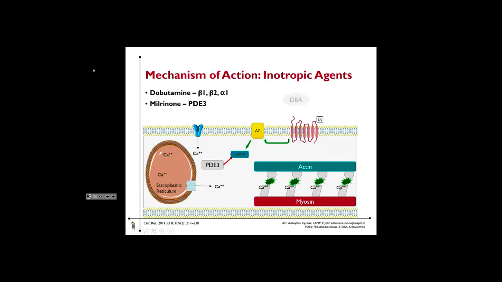For contractility, dobutamine primarily binds to the beta-1 receptor and mimics this normal pathway. Milrinone, however, is a different pathway. It inhibits phosphodiesterase 3, which prevents the breakdown of cyclic AMP within the cell, producing contractility of the cardiac myocyte.